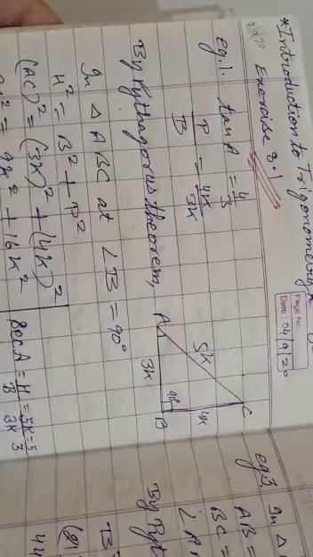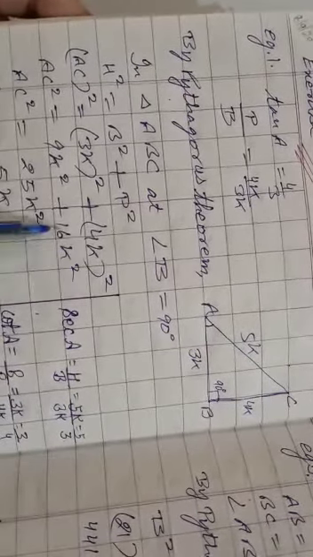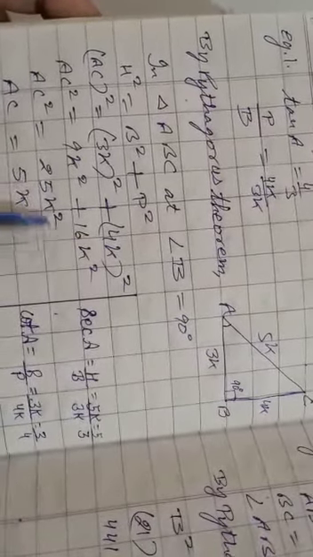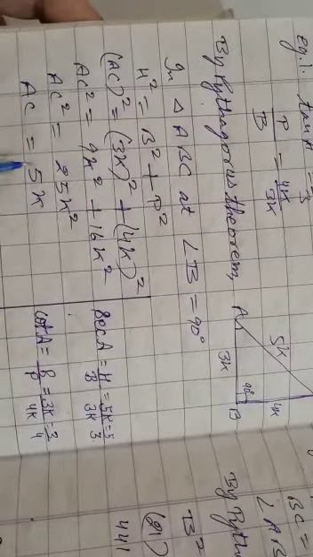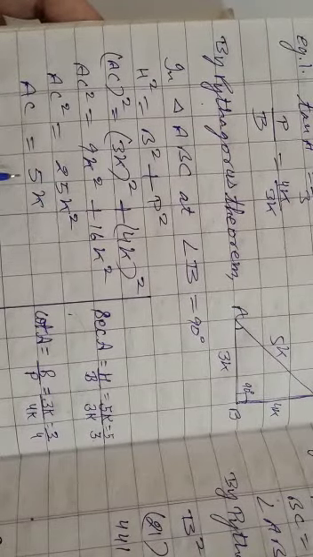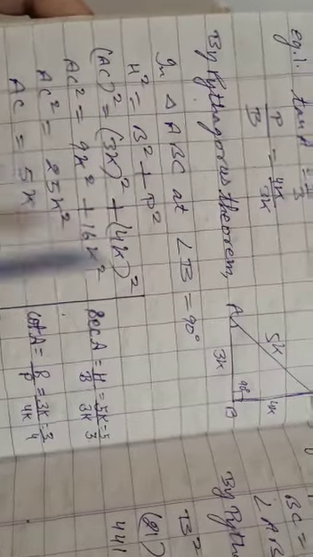AC square is equal to 9k square plus 16k square, that is 25k square, and AC is equal to root of 25k square, that is 5k. This is your hypotenuse.